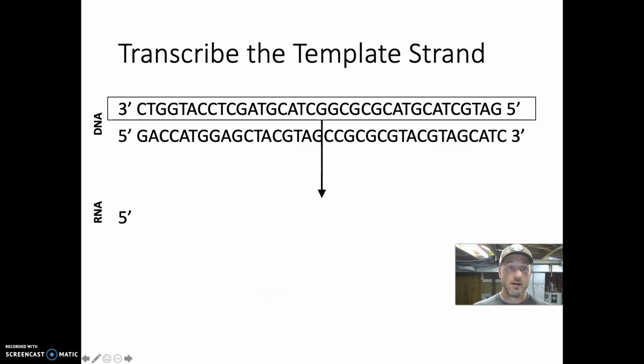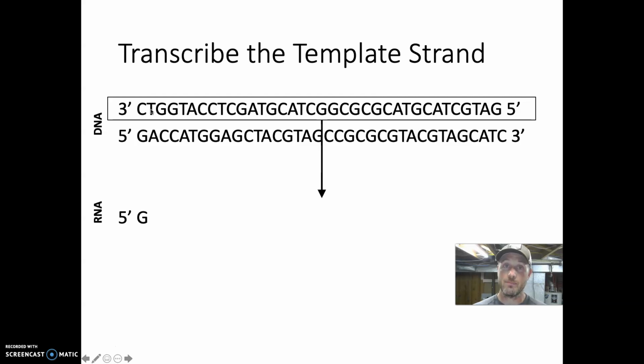And so if we look at our template strand and we see a C in the first position, we use the complementary base pairing rules. We know that a C pairs with G. So in our RNA, we're going to put a G in the first position. Then we'll look at the second position. We see that there's a T in that position.